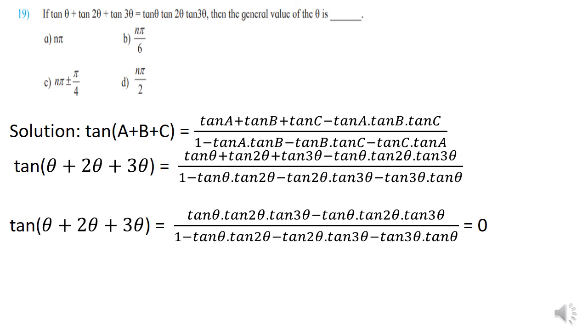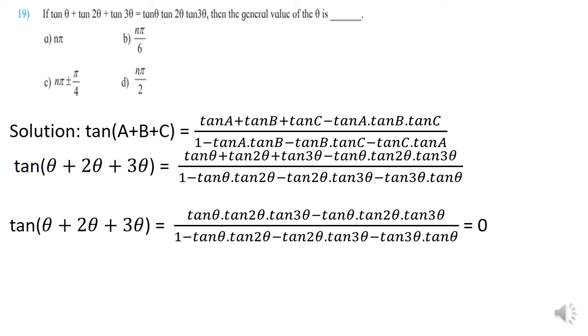So now from the question, we know that tan theta plus tan 2 theta plus tan 3 theta is equal to tan theta, tan 2 theta, tan 3 theta. We substitute that value over here in the numerator on the RHS. Thus, we get 0 upon the given value, that is the denominator. So the entire value becomes 0.